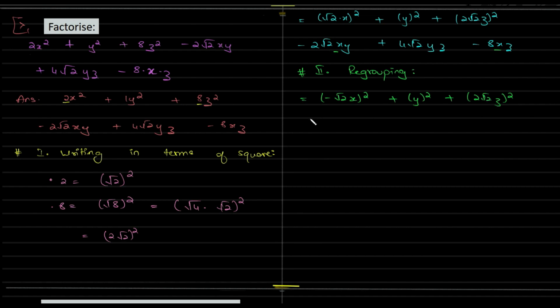And now the trick here is writing it as 2 into a into b plus 2 into b into c, and so on. So always cross verify. Plus into minus is minus, 2 into root 2 is 2 root 2, x into y is xy. Correct. Again plus 2bc: 2 into 2 is 4 root 2, 4 root 2, and everything else is okay.